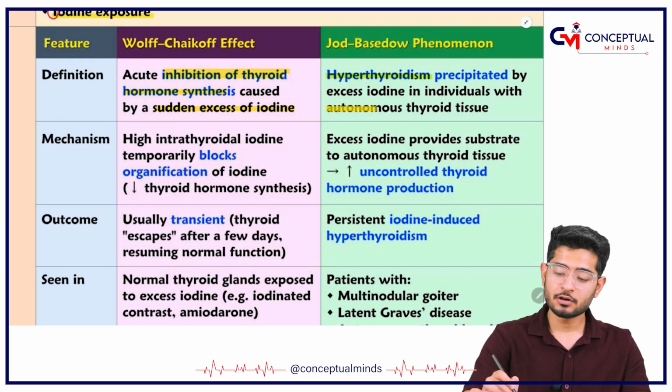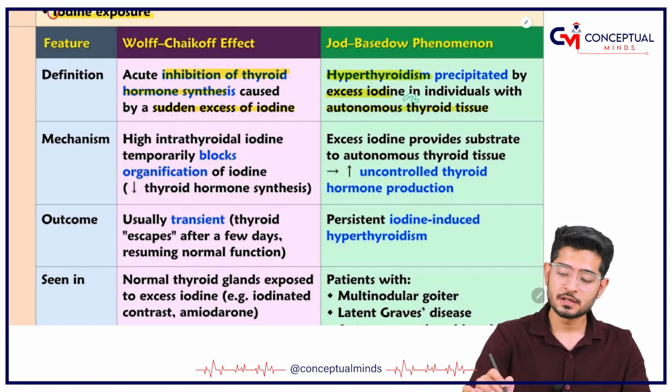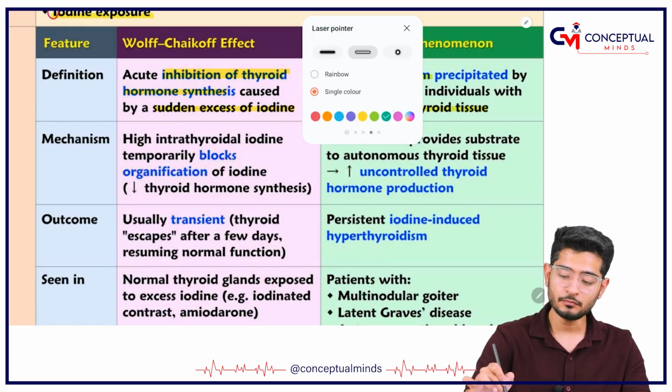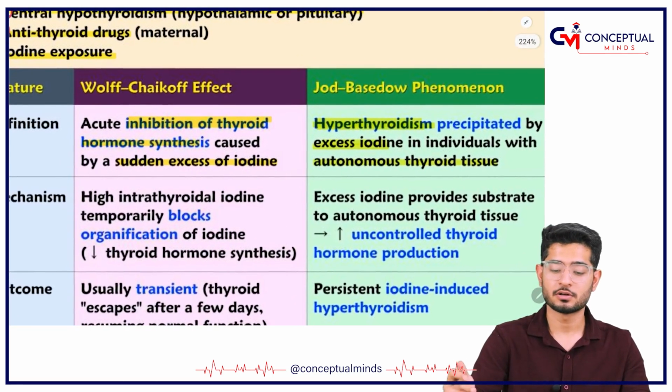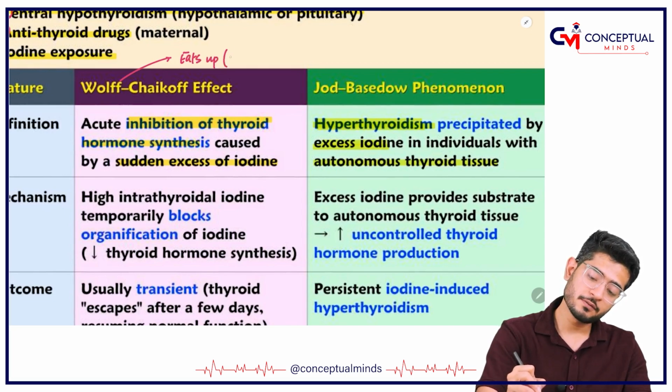I mean, the thyroid tissue is autonomous, so if you provide excess iodine, of course there will be hyperthyroidism. Are you getting it? So there is an autonomous thyroid tissue, so if you provide more iodine, it is going to have hyperthyroidism. So Wolff, just like the nature of the wolf eats up everything, similarly Wolff has eaten up the thyroid.